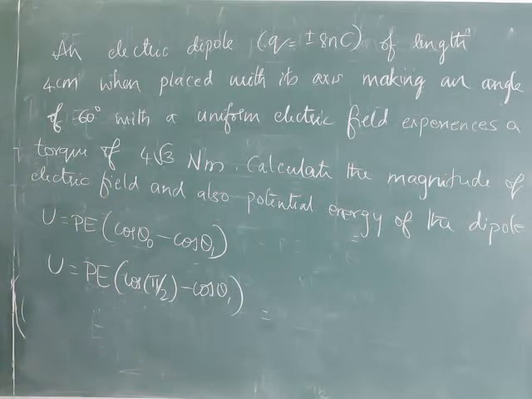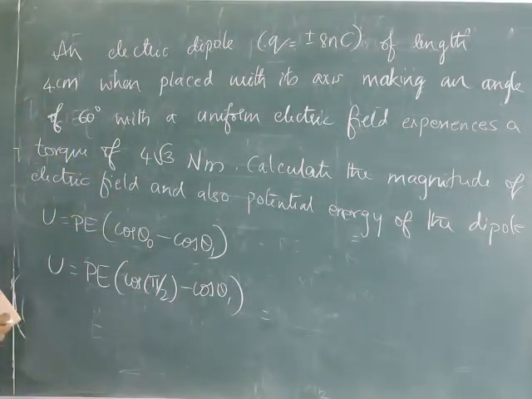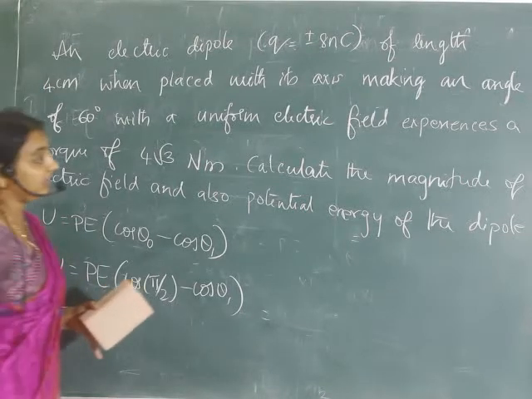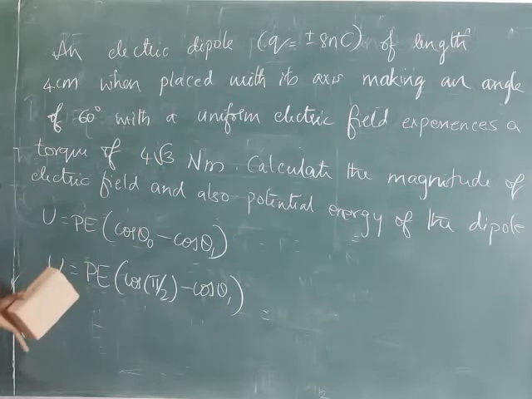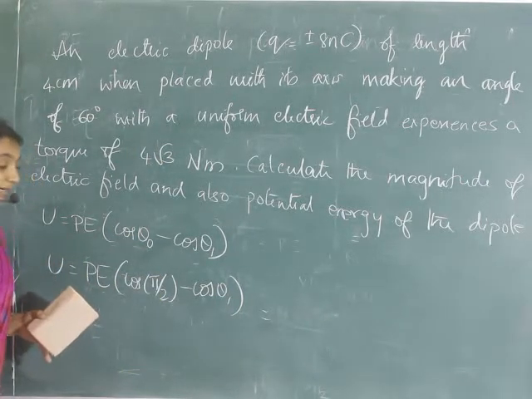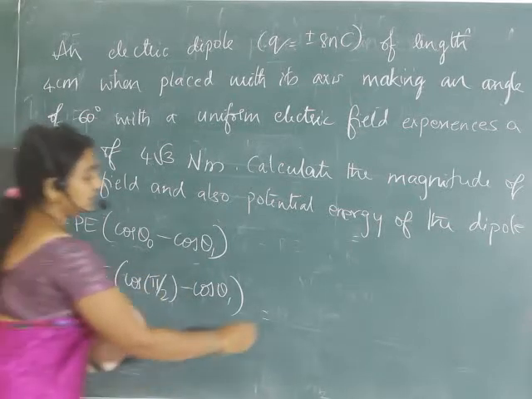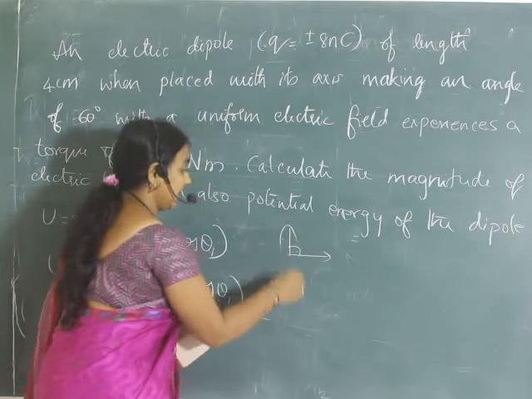So we take the cos of 90 to theta 1, where theta 1 is nothing but 60 degree, because this electric field and the potential will be taken normal. So when we take it normal, from pi by 2, 90 to, see, the electric field is like this. So we will take it as 90 degree.